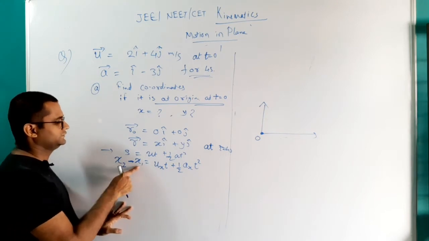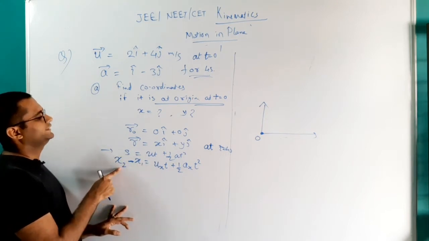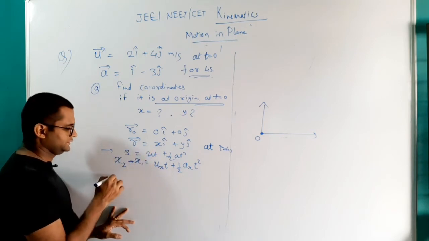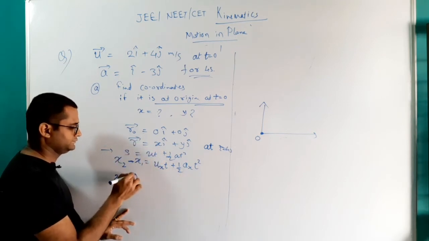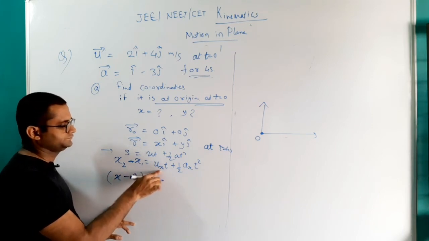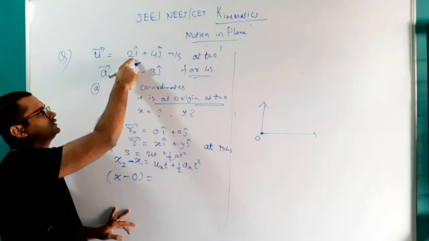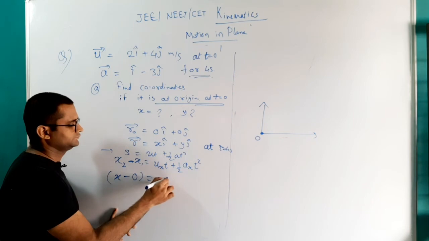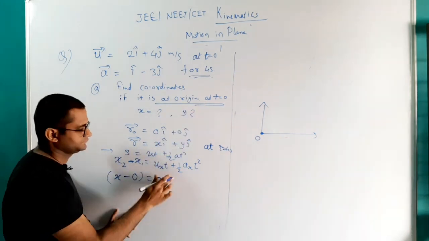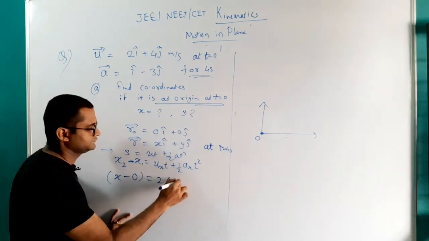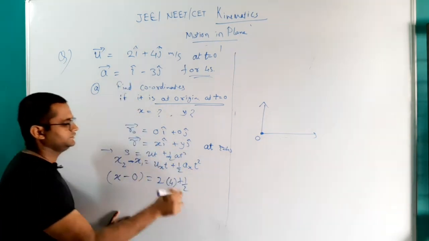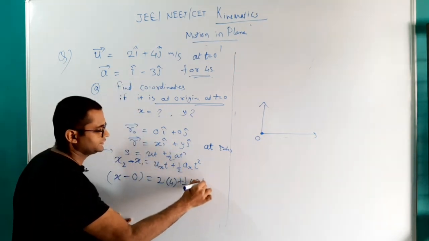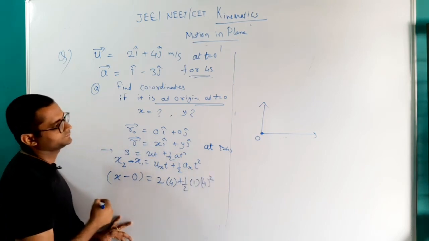Since x2 is final position, which is our x, and initial position is 0, this equals ux, the initial x component of velocity, which is 2, times time, which is 4, plus half, x component of acceleration is 1, and time is again 4, and its square.